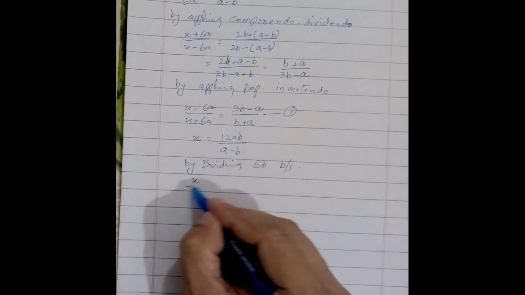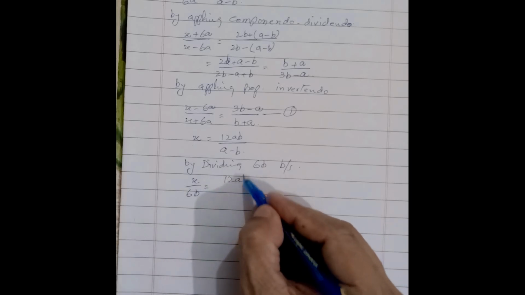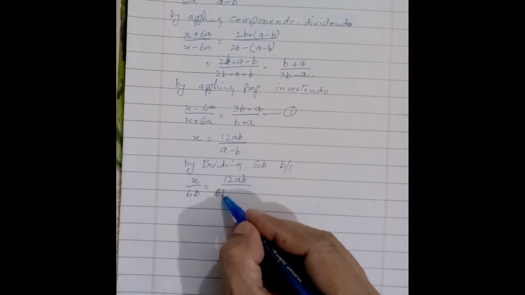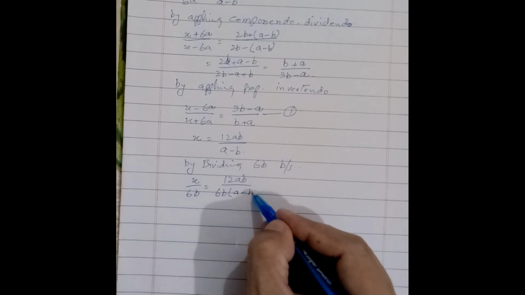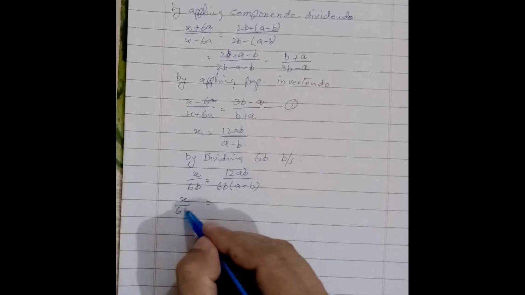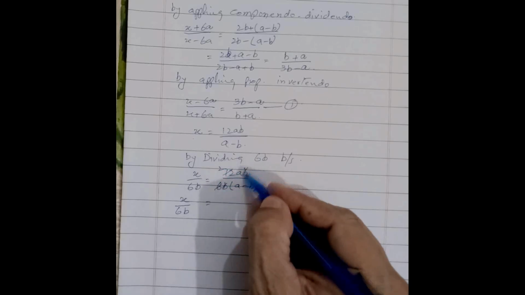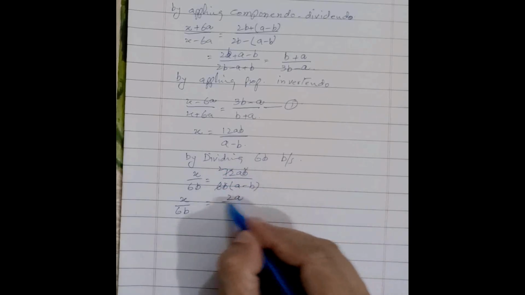We get x over 6b is equal to 12ab over 6b into (a minus b). Now simplify: 6 cancels with 12, b cancels with b, we get 2a over (a minus b).